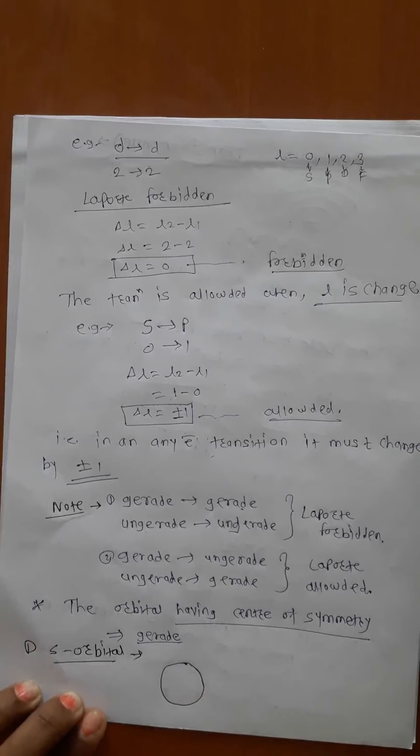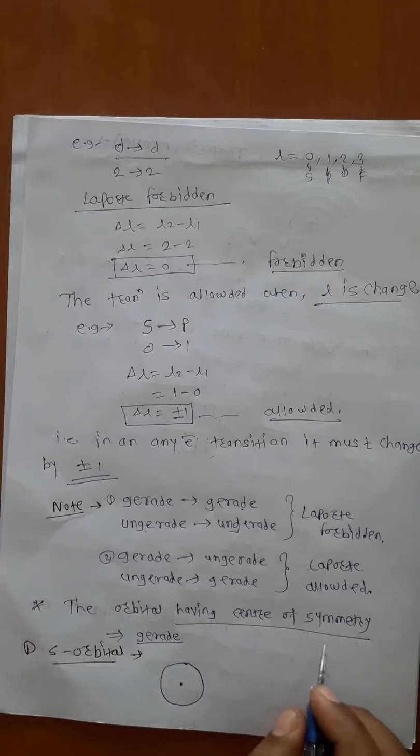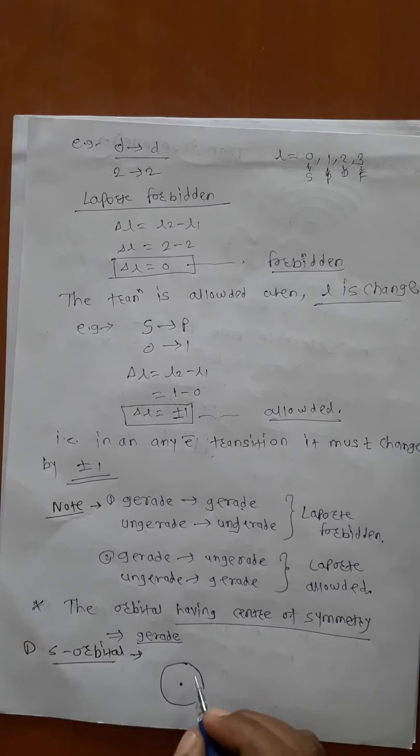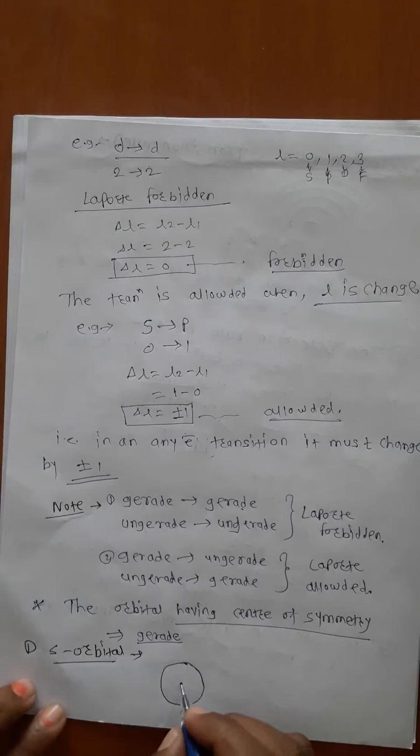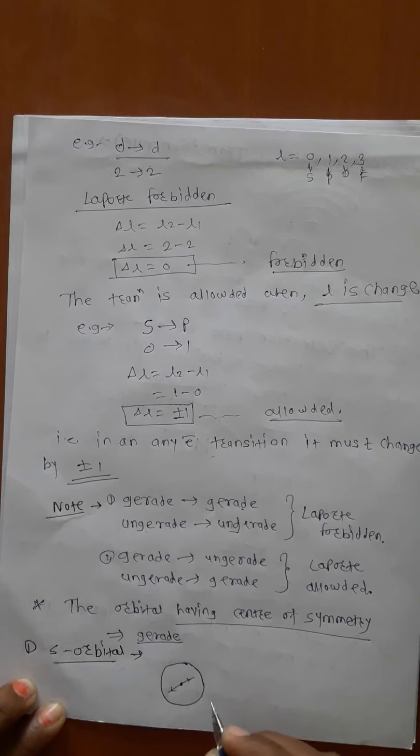Now this is the center. Center of symmetry means this: the s orbital has a spherical shape, and one point goes from this direction and another goes from the opposite direction. After some time they reach that same point.